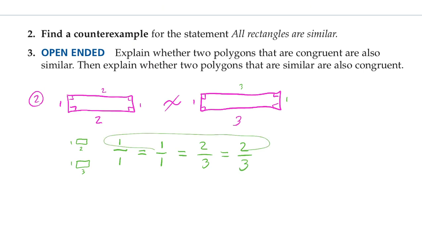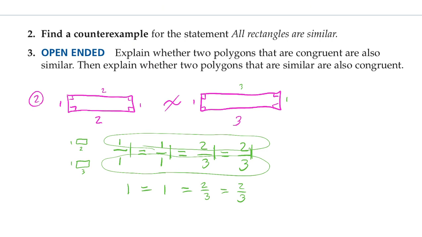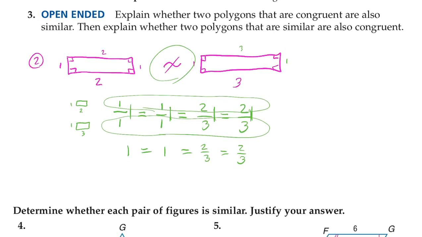Here are the 4 sides of the 1 by 2. Here are the 4 sides of the 1 by 3. They're all lined up with their matching smallest, smallest, medium, or large. And no, these aren't the same, right? This is 1 equals 1 equals 2/3 equals 2/3. Those are not all in the same ratio, so these are not similar. Kind of looks like a fancy X there.